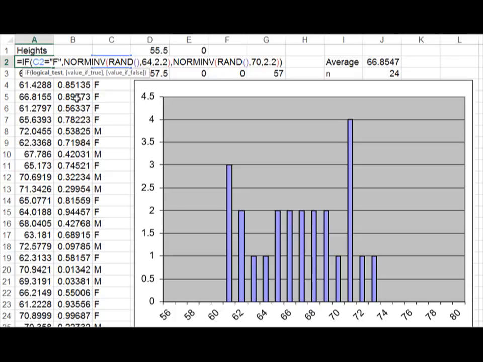That is, females on average are 64 inches tall, and 68% of the time they're between 61.8 and 66.2. That's the empirical rule. If the value in cell C2 is not an F, meaning the person is a male, then Excel randomly generates a height for males with an average of 70 inches and a standard deviation of 2.2. And those numbers are not researched at all, I just made them up.